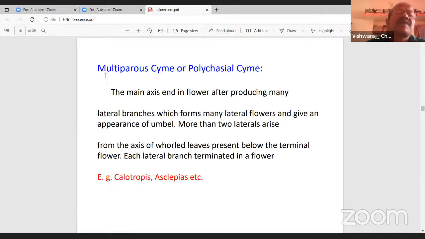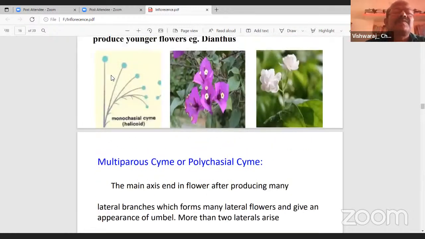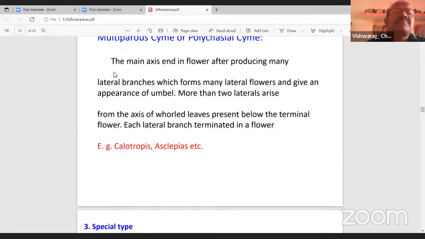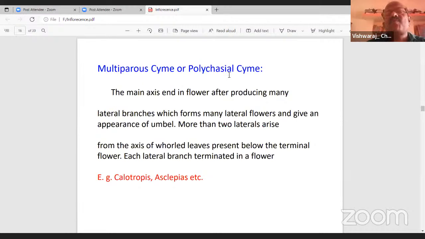The third type is the multiparous cyme or polychasial cyme. The main axis ends in a flower after producing many lateral branches. In monochasial, the main axis ends in a flower and produces only one lateral branch.